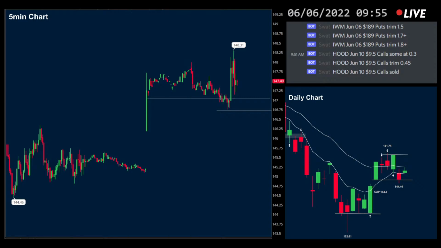Apple some fading. Got some puts on Apple.